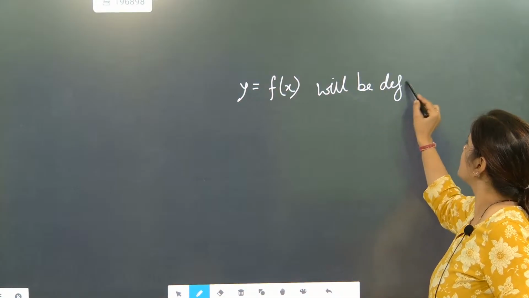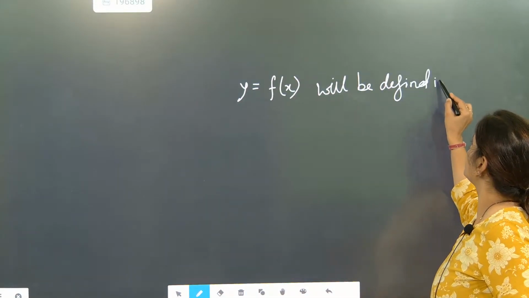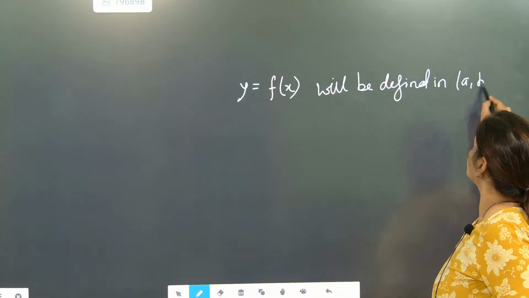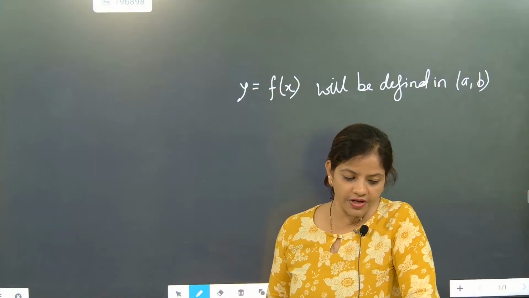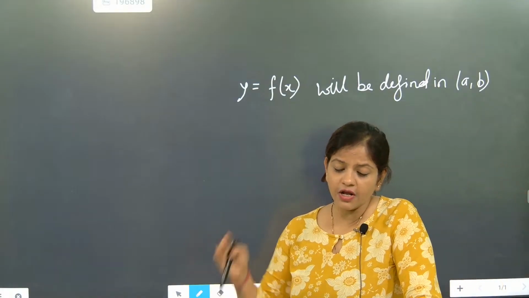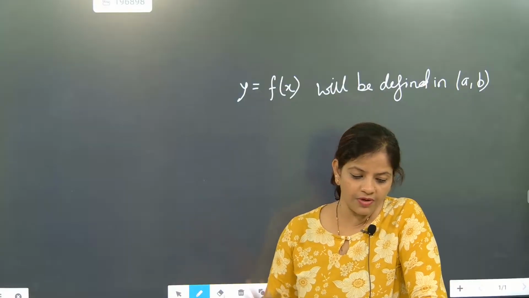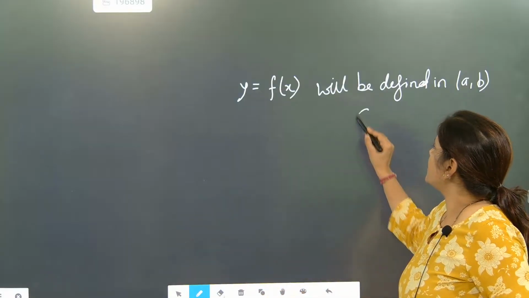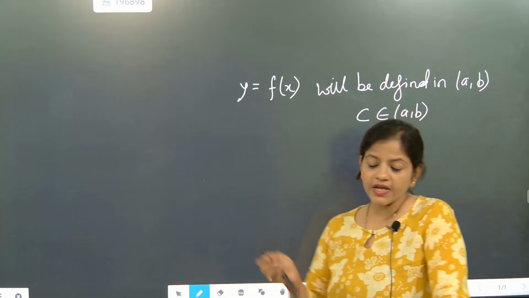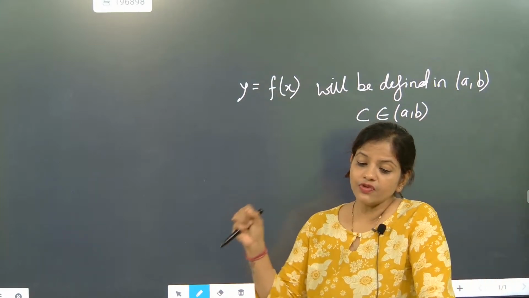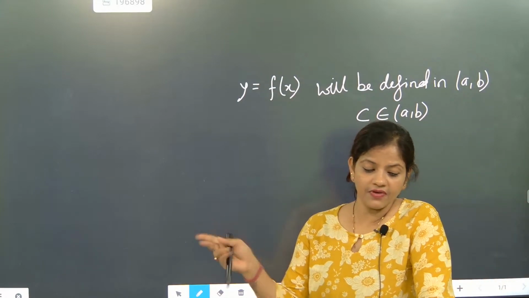Understood? So y is equal to f of x is a real valued function defined in the open interval a comma b. Now we write c belongs to a comma b. So we take any value c which lies inside the open interval a and b.